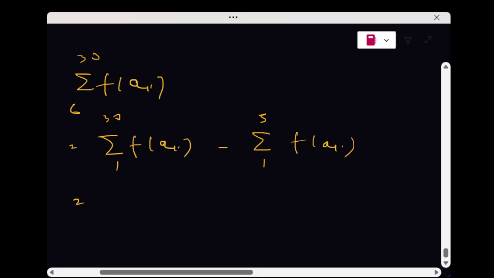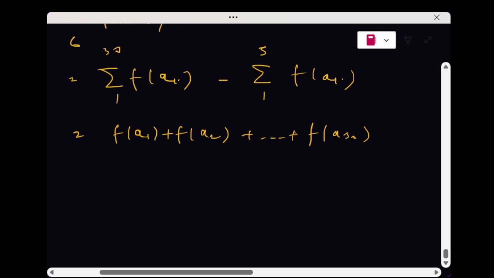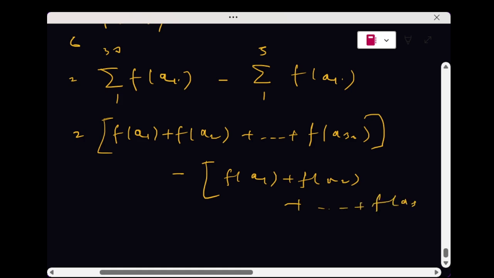So this will be equal to the first sum f of a1 plus f of a2 up to f of a30, minus f of a1, f of a2 up to f of a5.